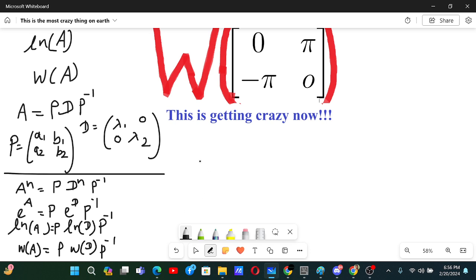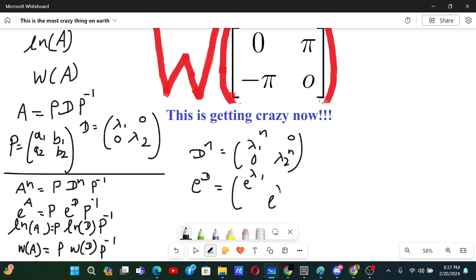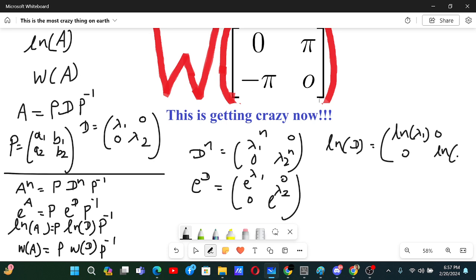And now how to find D to the power n, e to the power D, ln of D, Lambert W of D? For that, D to the power n will just be lambda 1 to the power n, lambda 2 to the power n, 0, 0. I have already proved this in my playlist. And now e to the power D will also just be e to the power lambda 1, e to the power lambda 2, 0, 0. Similarly, ln of D will just be ln of lambda 1, 0, 0, ln of lambda 2.